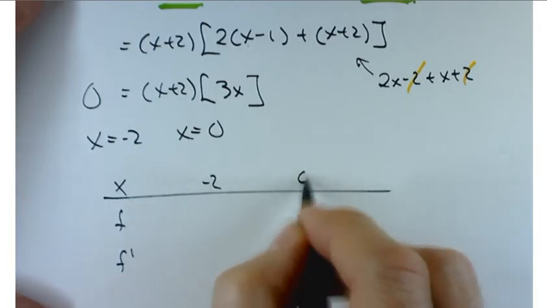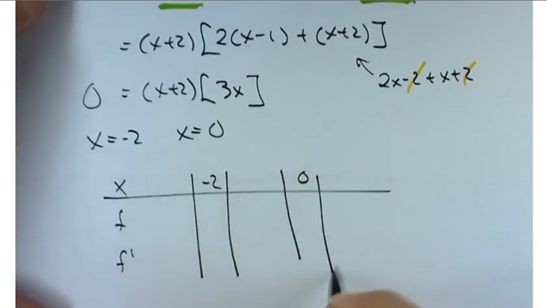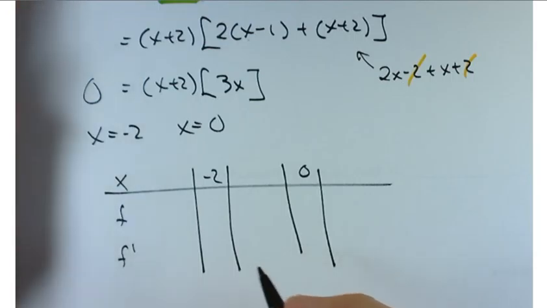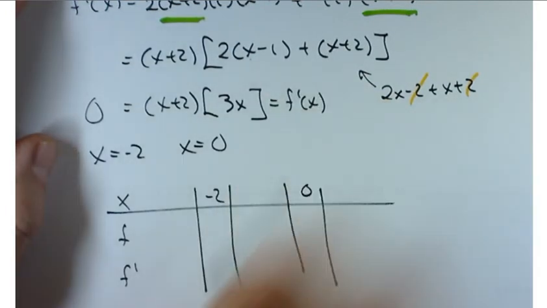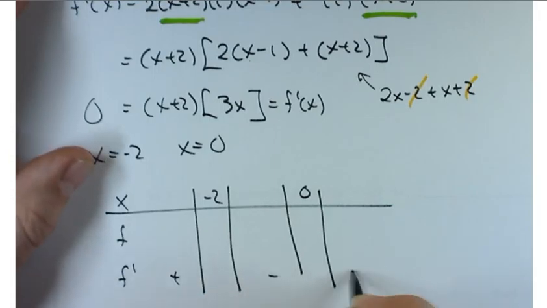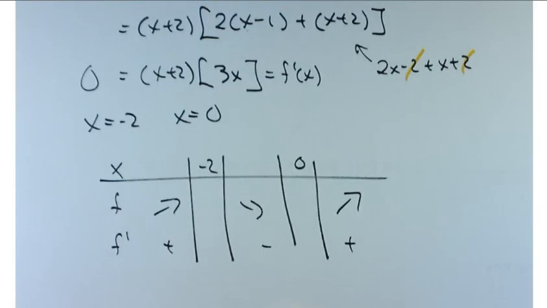When you test the first derivative, you're going to get positive, negative, positive: increasing, decreasing, increasing. All right, the rest of it I think you can handle as needed. The thing that I wanted you to get the most was the factoring trick. So are you comfortable with that factoring trick at the end of that? All right, thank you.